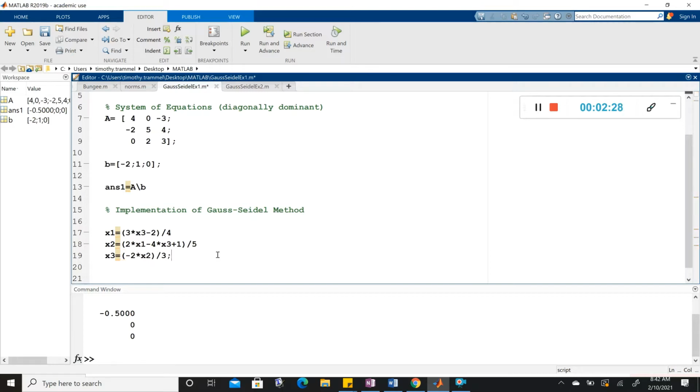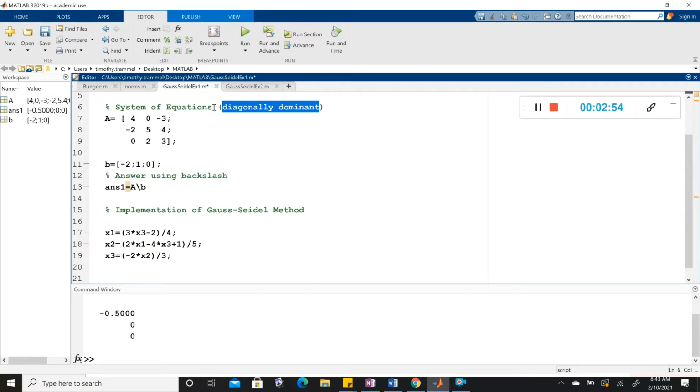I'm going to go ahead and suppress these. And let me put in one more comment here. I want to make a comment about this diagonally dominant phrase.